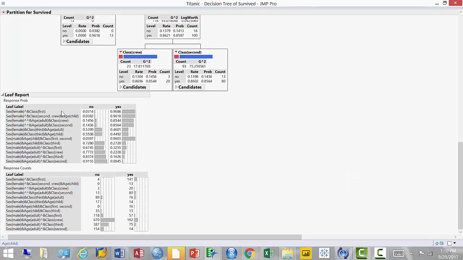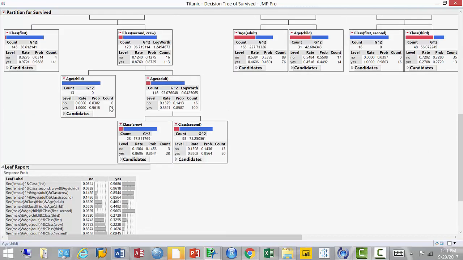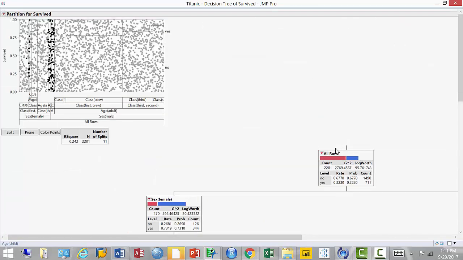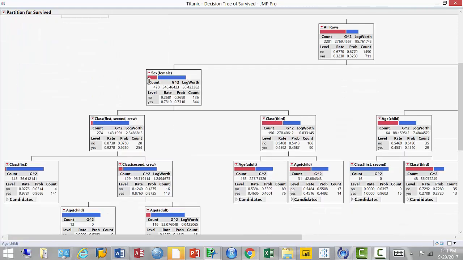Yeah, leaf report. So essentially, that's a summary for me. Okay, different paths to arrive at the final terminal nodes, and we discussed that this is our starting node, right? And if I have a node that is the result of the split, but it splits further, that's an internal node.